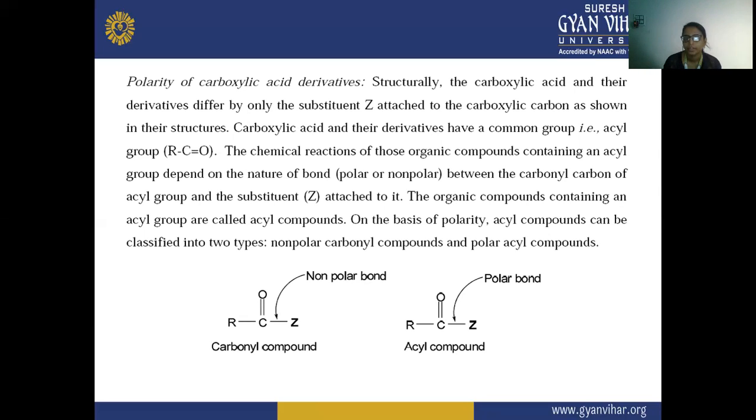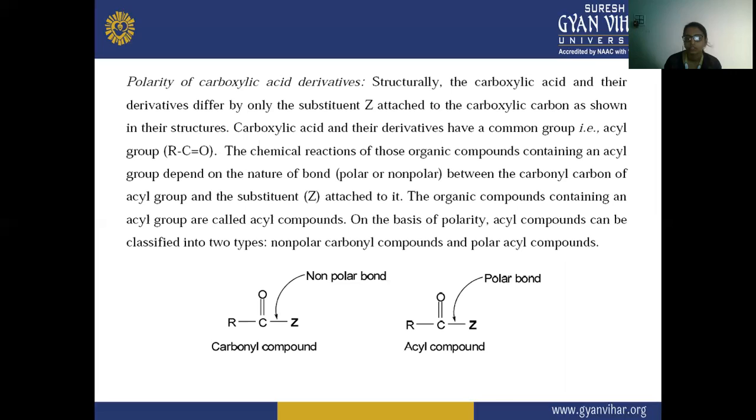So what is the polarity of the carboxylic acid derivatives? In the structure, you can see the carboxylic acid and its derivatives differ only by the substituent Z attached to the carboxyl carbon.